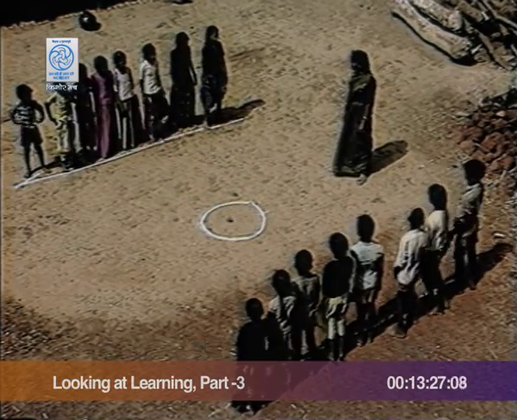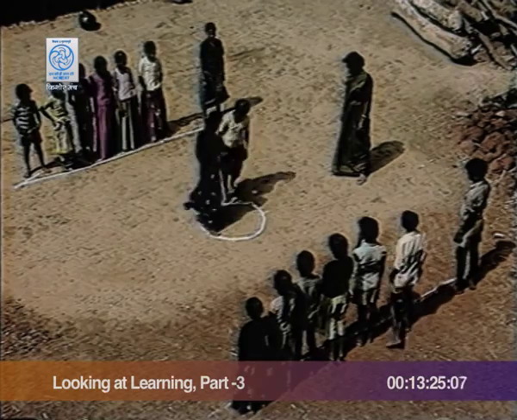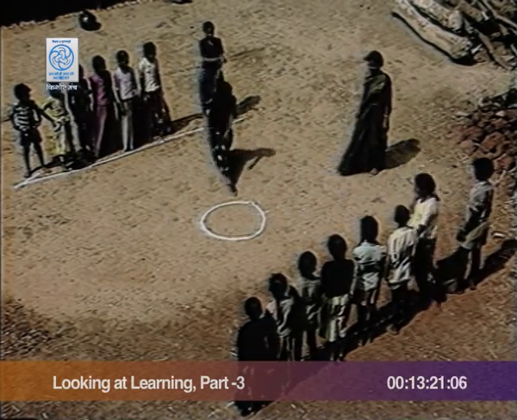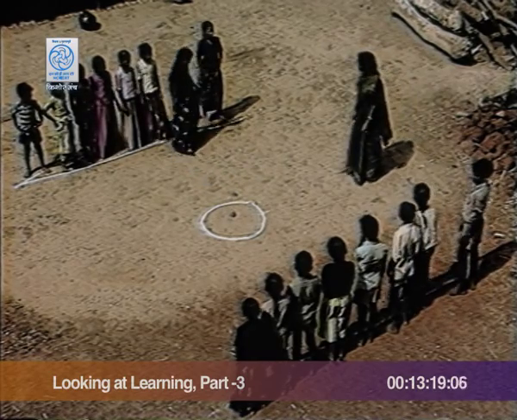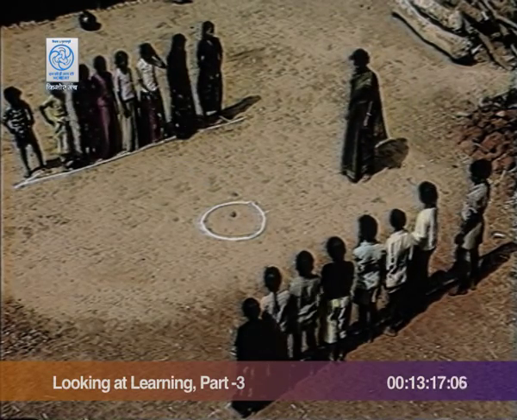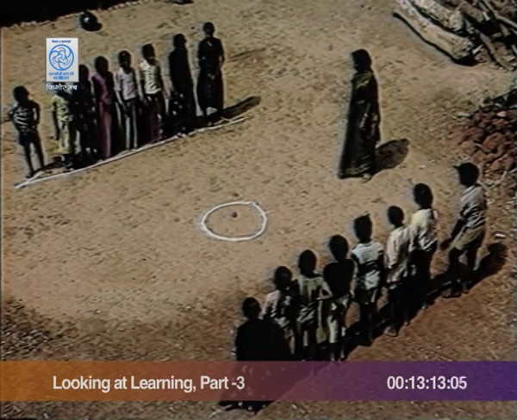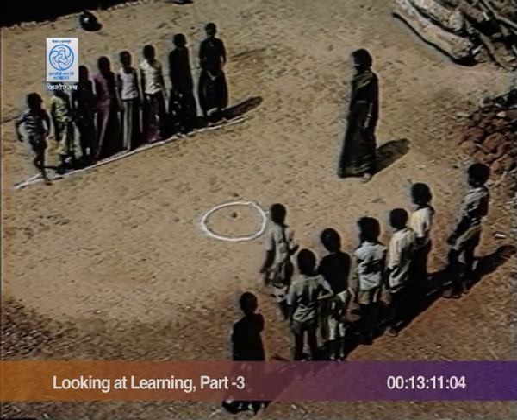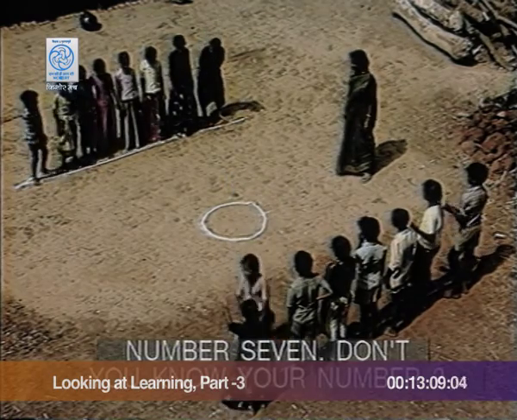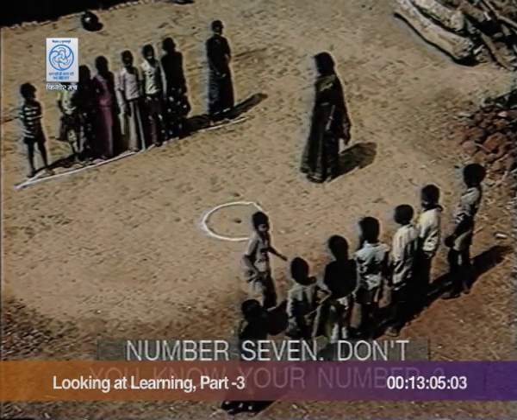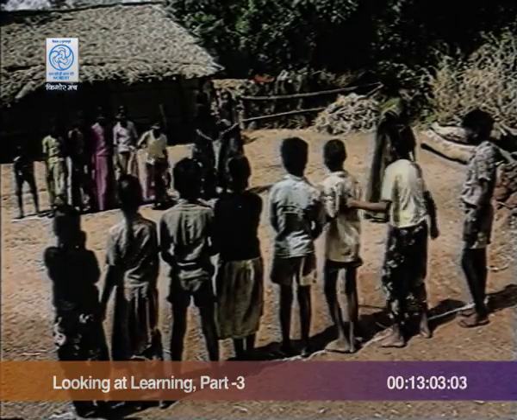Number 2. If they do so without being touched, they score a point for their team. Number 7. If they are touched, however, the point goes to the other team.